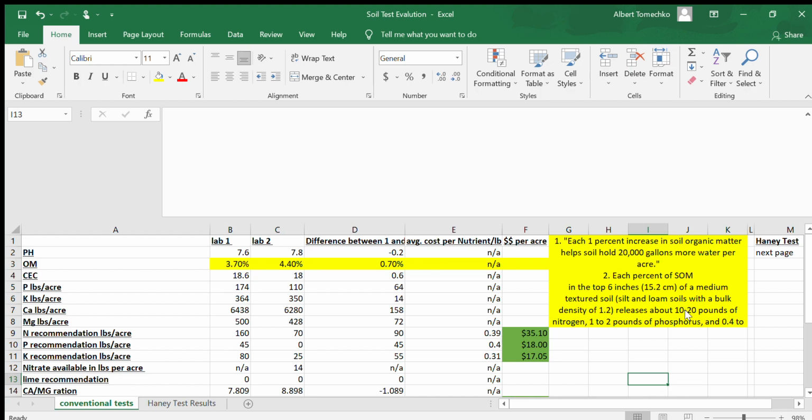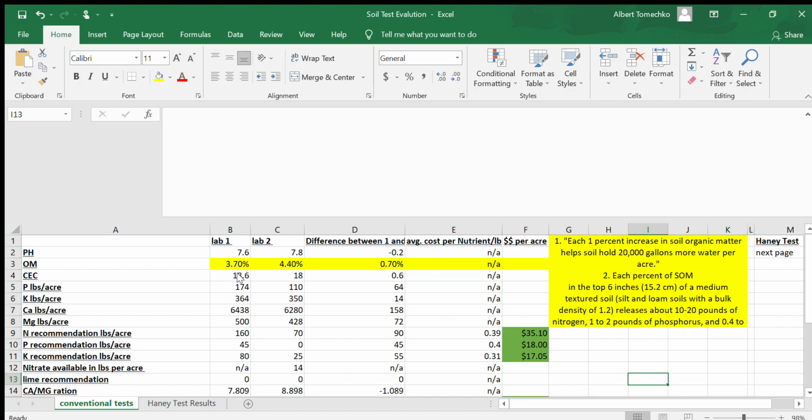So on the high end, the Haney soil test came back at 4.6, so you're roughly at 92 pounds of nitrogen that will be mineralized or plant available per acre at a 4.6 percentage of organic matter.